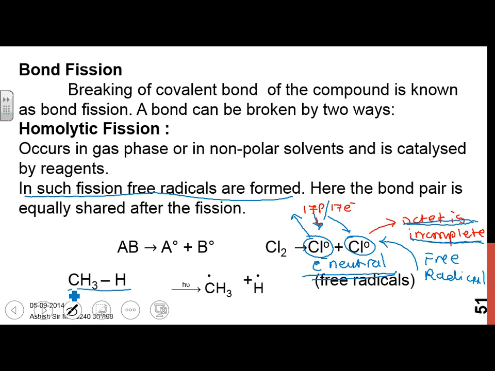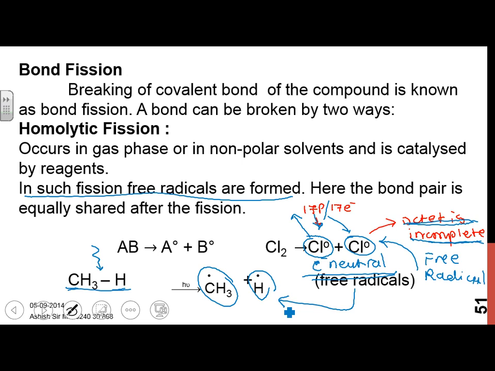Methane. Due to some reason, this bond is broken between carbon and hydrogen. Hydrogen takes away its electron, and the methyl group takes away its electron. So here, both of them are known as free radicals because their octet is incomplete and they are neutral.